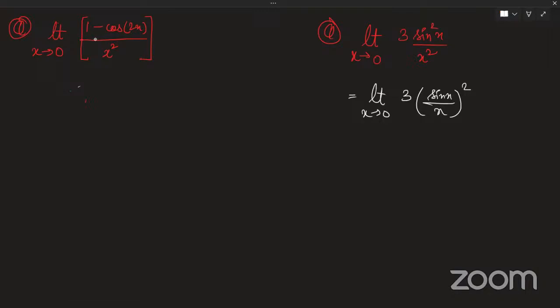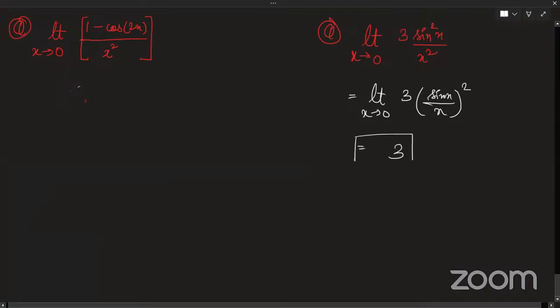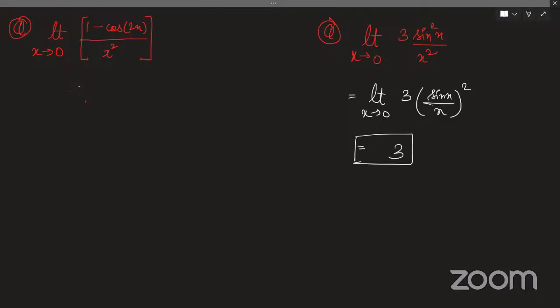I already know the limit of sine x by x is 1. So I can just directly substitute the value because I know it. It is 1, so 3 into 1 square, my answer will be 3. Really simple. Now let us discuss this one.